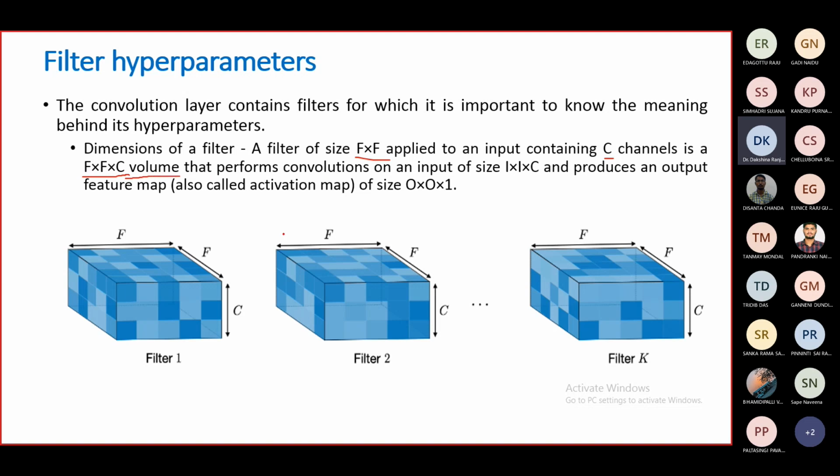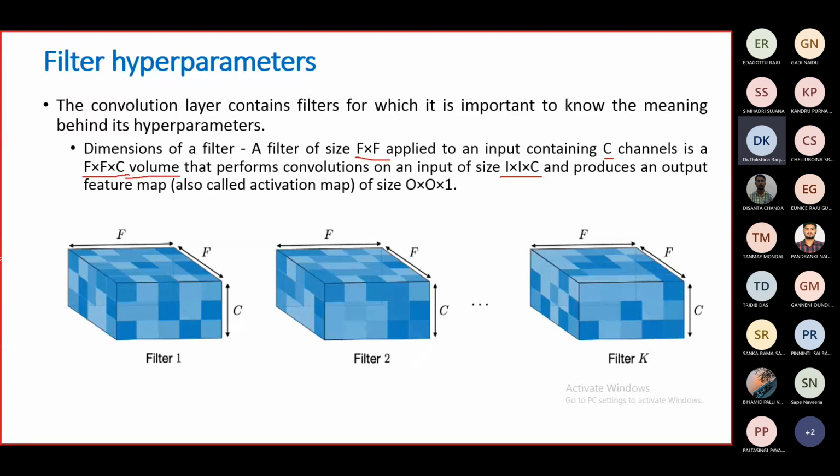And here we perform the convolution on an input image of dimension I into C. Now, if a single image is used for the training and the value of C becomes 1, that means we are using a grayscale image, then the dimension of the input image will be I into I, and the dimension of the filter will be f into f.